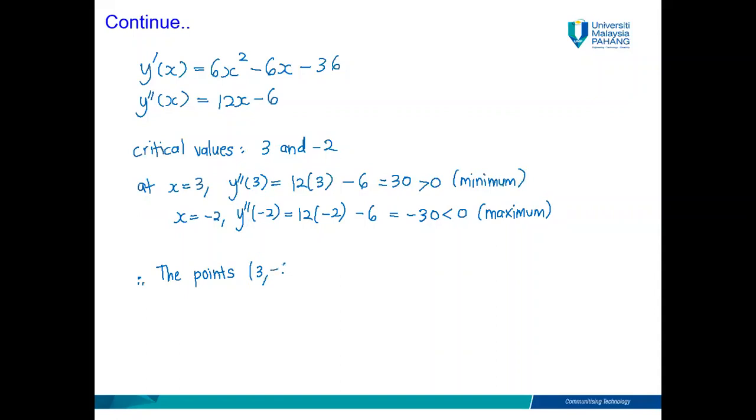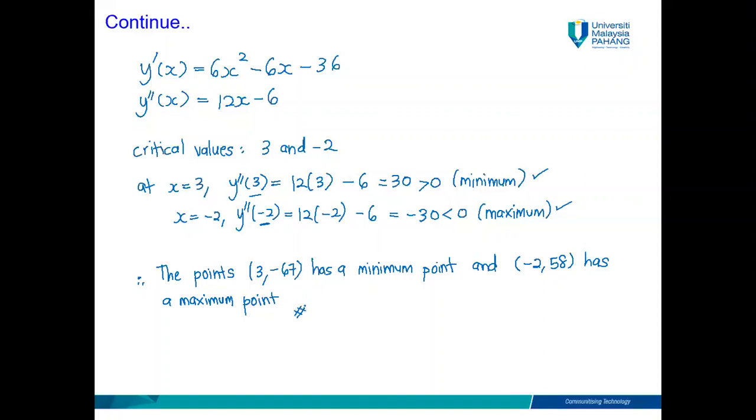The point 3, negative 67, tengok kat sini, has a minimum point, and the point negative 2, 58, kat sini, has a maximum point. Okay, is that clear?